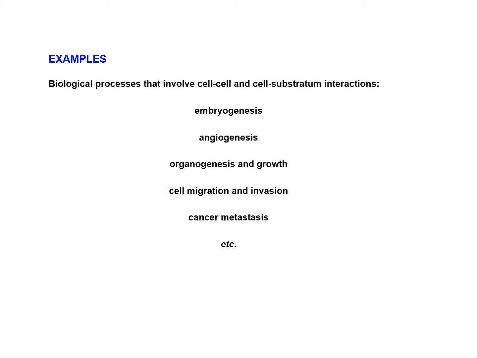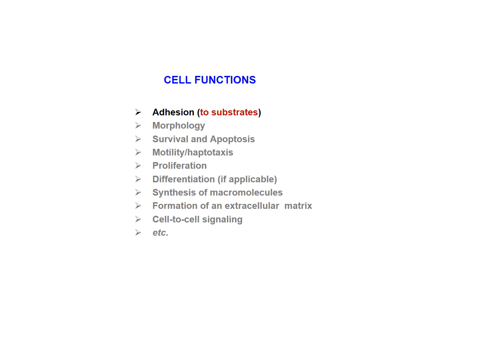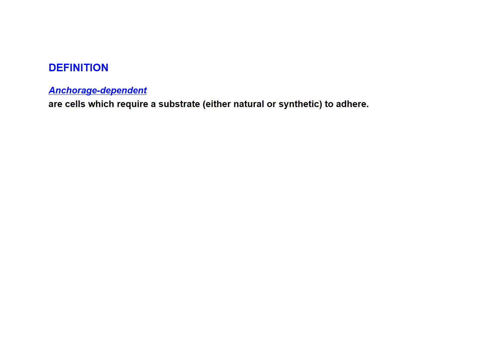Because of time limitations, in this course, we're gonna review only the adhesion of cells to substrates. For that purpose, we need to start with a definition, and that is of anchorage dependent.